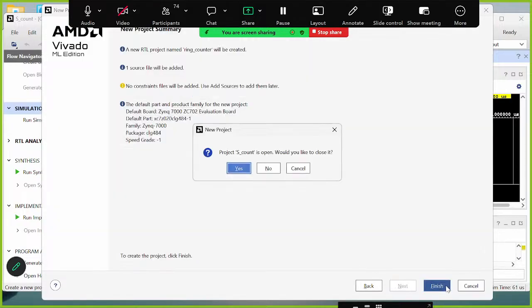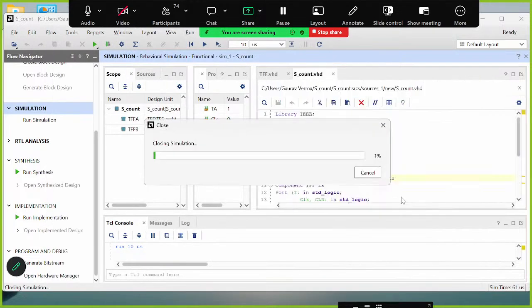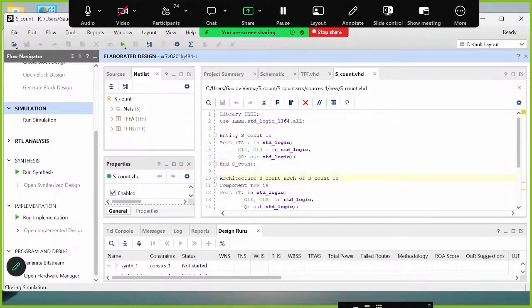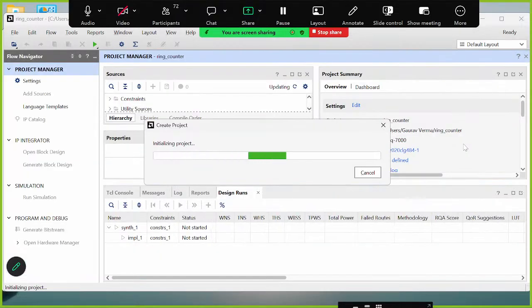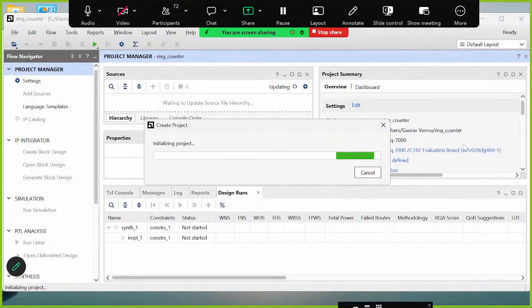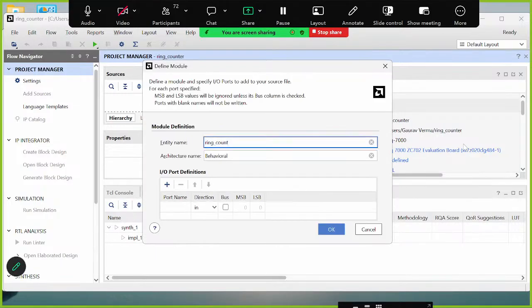Next, finish. Yes, we want to create a new project and we want to close the previous project with whatever it was there. Just pass this.